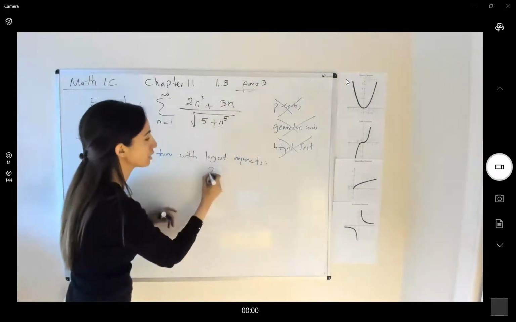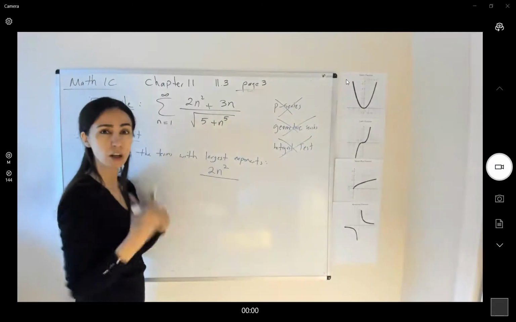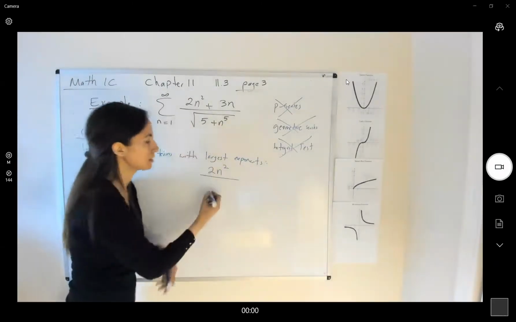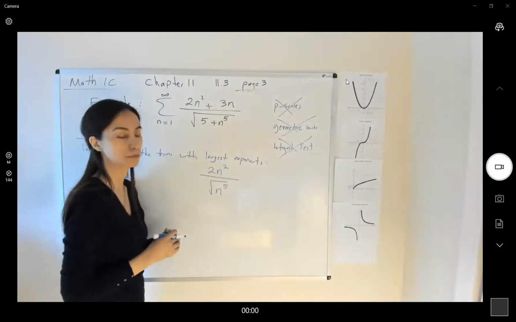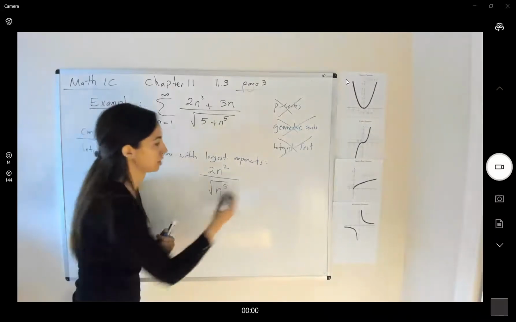So on the numerator, I'm going to take 2n squared divided by, on the denominator, if I forget about 5 as a constant, the square root of n to the 5th. I'm going to simplify this as much as I can.